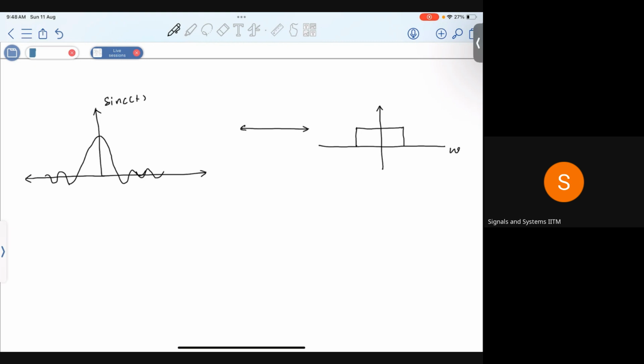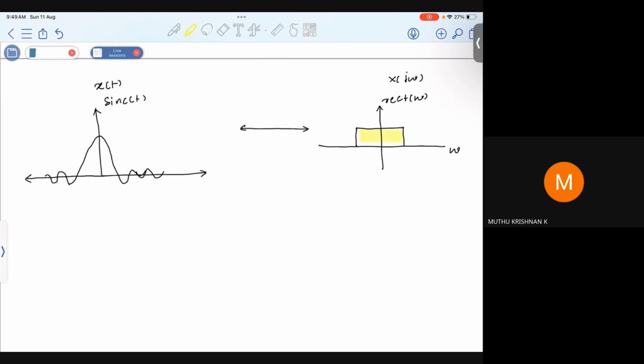Correct me if I'm wrong, but there is a one-to-one correspondence between the sinc function and the rectangular function. So if you call this x of t, this is your x of j omega. Now what the duality property is telling is, take this rectangular function.